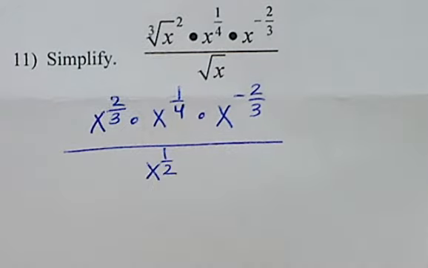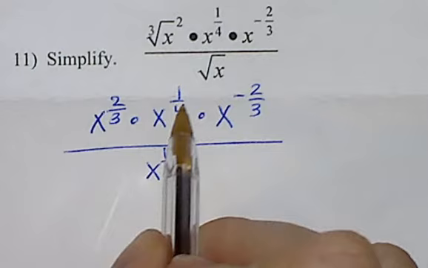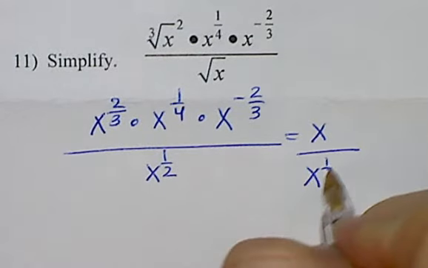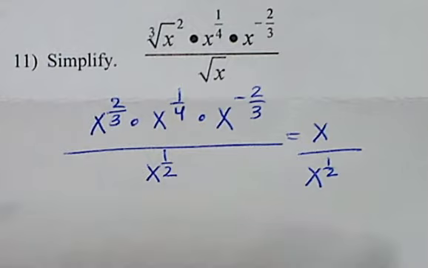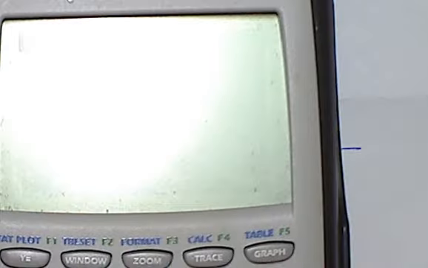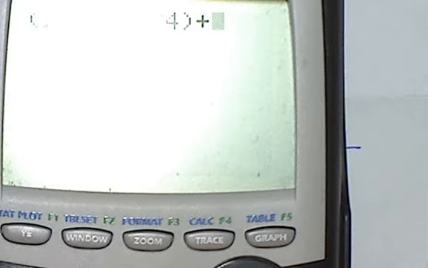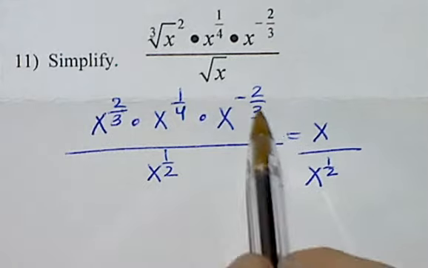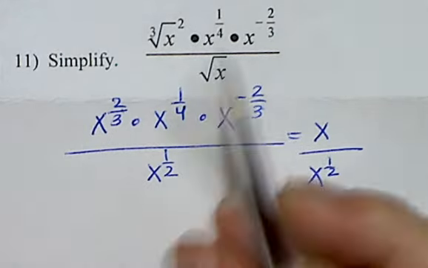So I'm going to add 2/3, 1/4, and negative 2/3 on top. And those are just going to cancel out, as you can see. And turn it back into a fraction. And we have 1/4. So if you're able to see that, the positive 2/3 and negative 2/3 canceled when you're adding, and you ended up with 1/4.